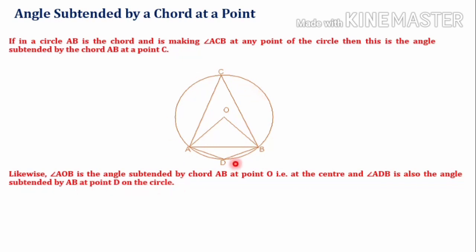Through this diagram we are able to identify the angles subtended by a chord at a point. When a diagram is given to you, you must be able to identify the angle subtended by a chord at a point. For that purpose this diagram is shown. So chord AB is making angle ACB with C, angle AOB with O, and angle ADB with D.